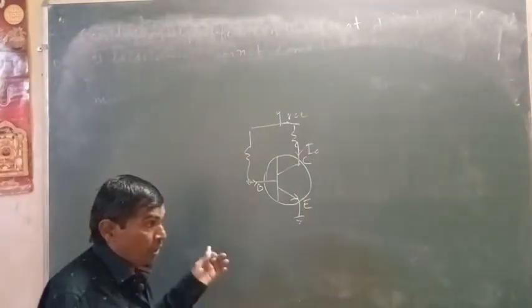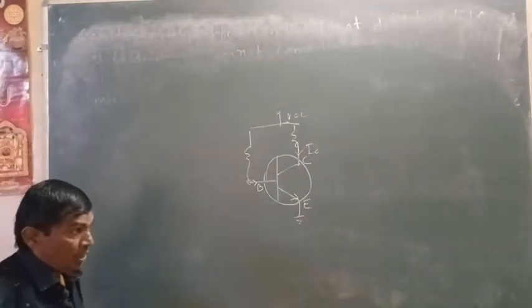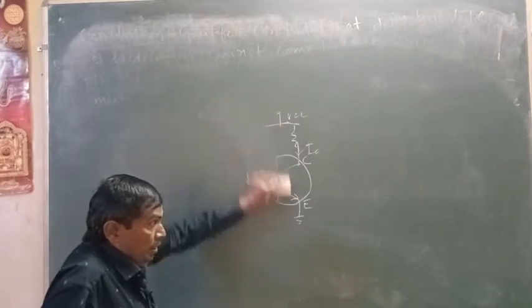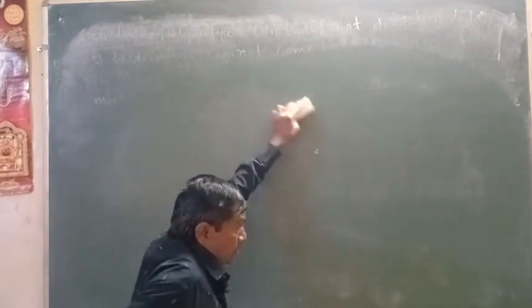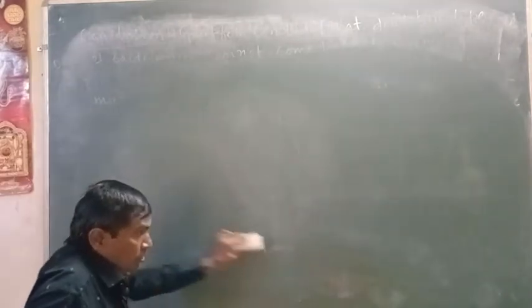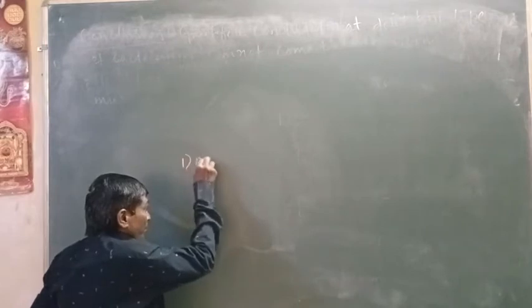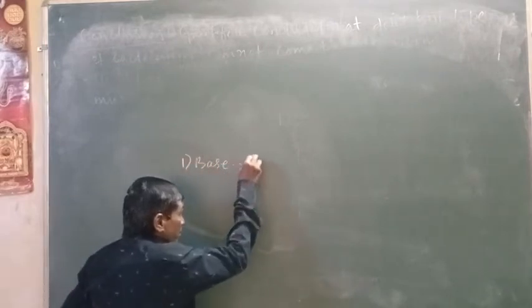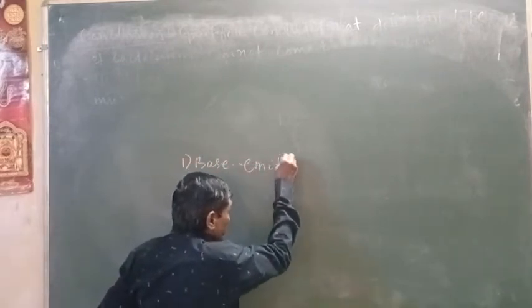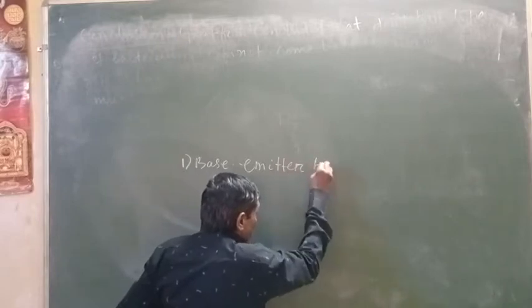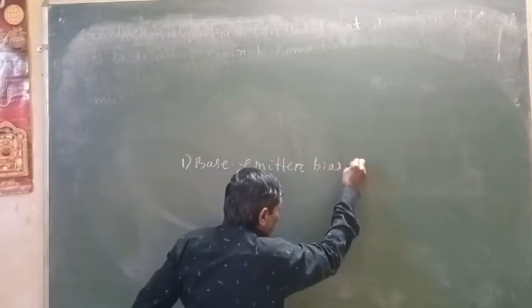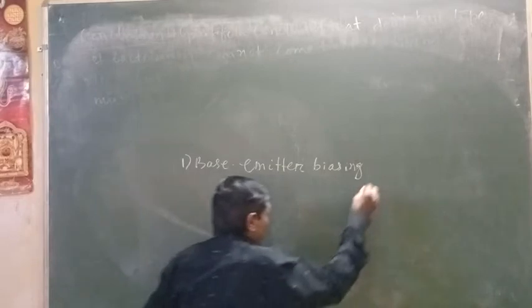In this way we classified biasing into three types, which you discussed in the previous class. First, the base emitter biasing method.